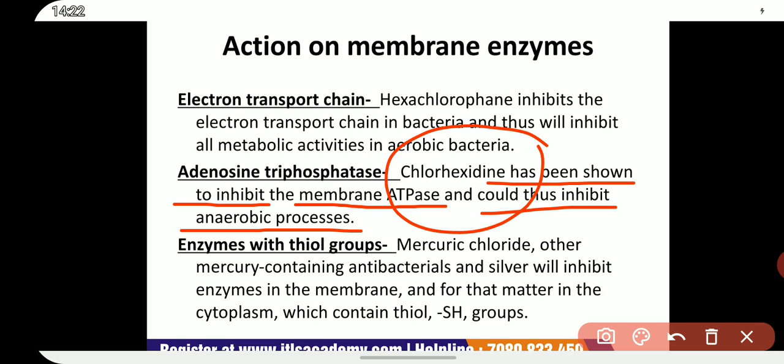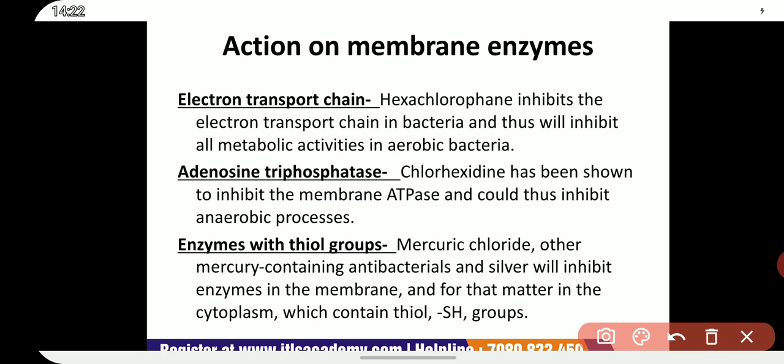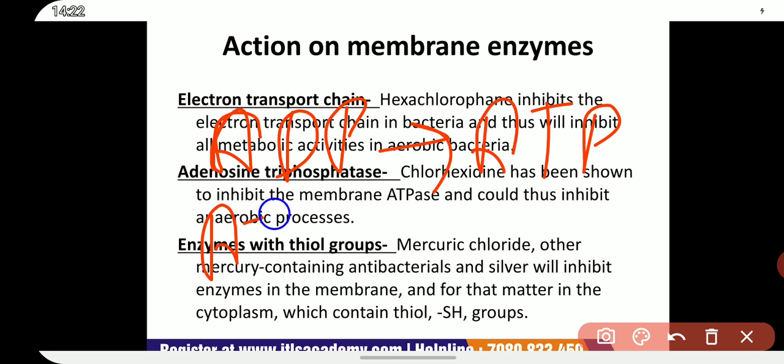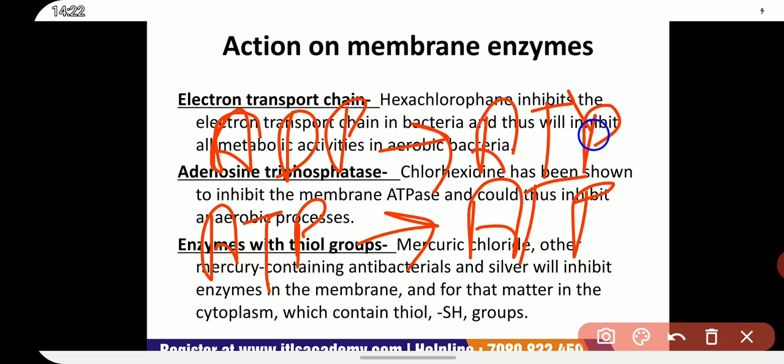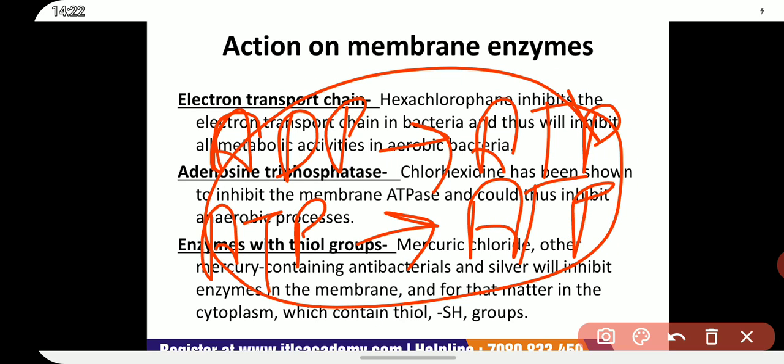Chlorhexidines are known for the activity to inhibit ATPase enzymes, and we know if there is no ATPase, then there will be no conversion of ADP to ATP. So we can say there will be no formation of ATP at all.